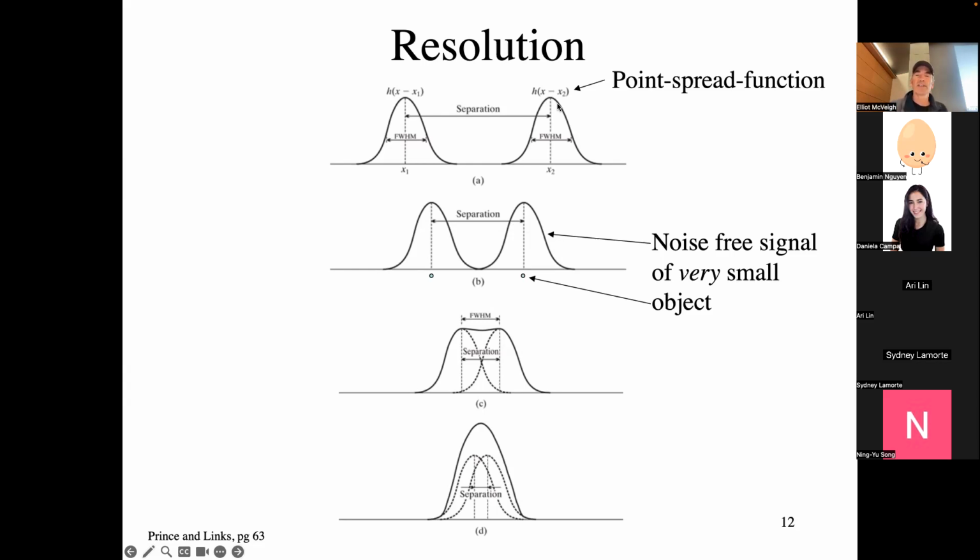This function here is called the point spread function. And the way we derive that is we image an object that is really tiny. So the way we do it in CT usually with our scanner is we'll break a ballpoint pen and take the little 0.5 millimeter ballpoint out of the pen, which is a little tungsten sphere, right?